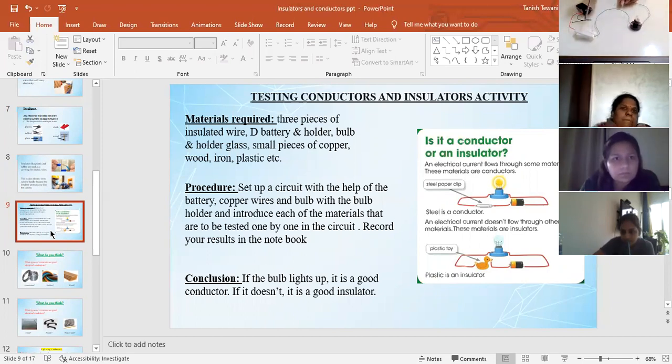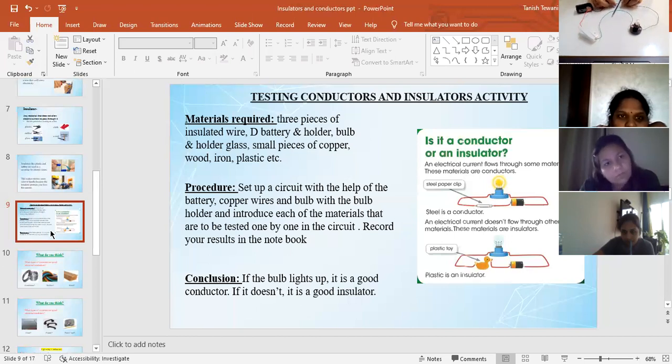This is an iron nail. Is the bulb glowing? Yes, ma'am. Is this an insulator or a conductor? Conductor, ma'am. Good.